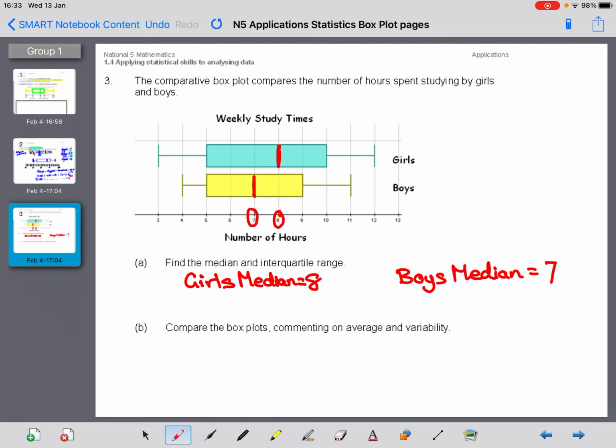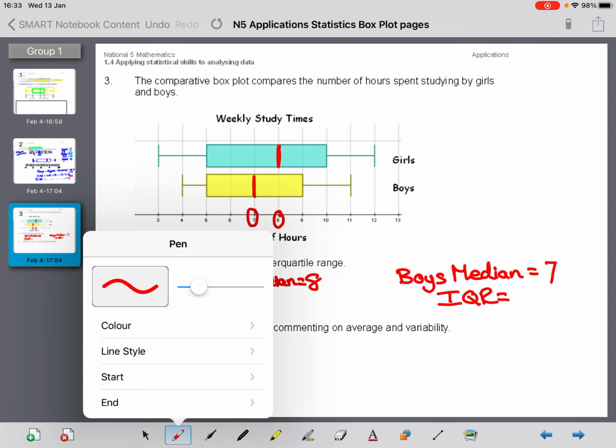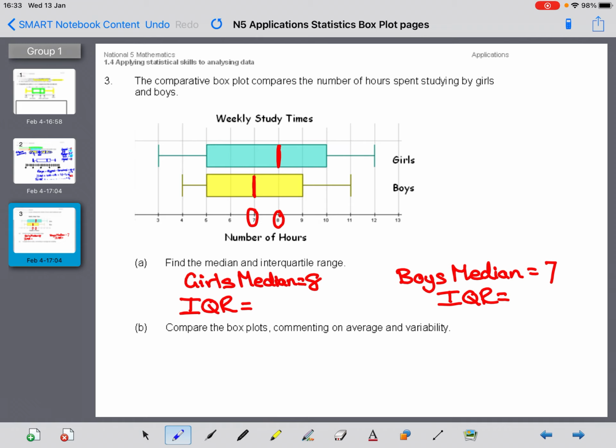Okay, right, so find the interquartile range for the girls and find the interquartile range for the boys. Again, it's nice and simple because we have our upper quartile here and our lower quartile here. So it's the top and the bottom of the box.